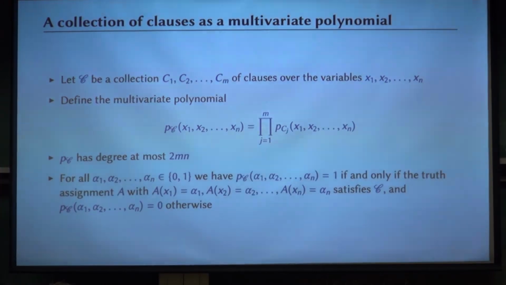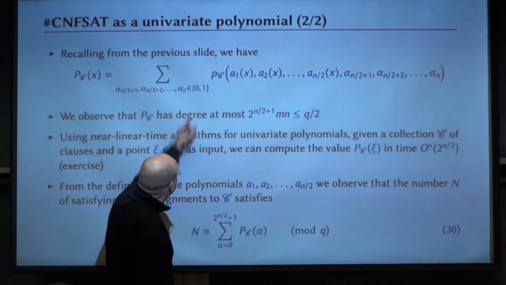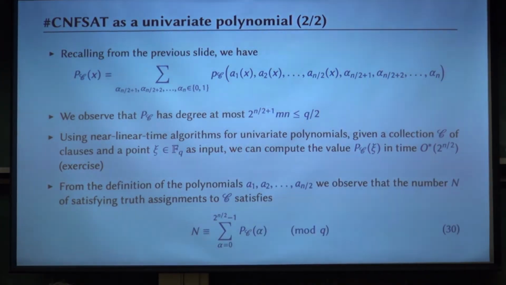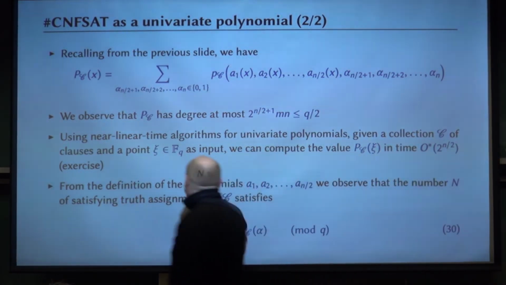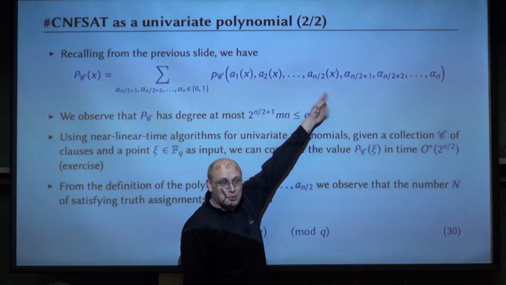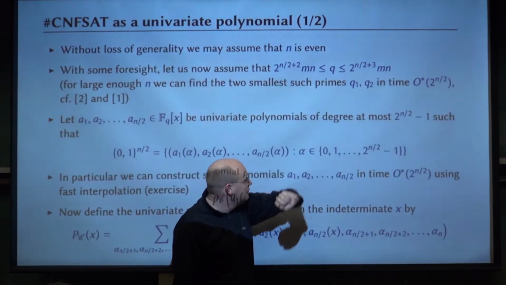Okay, so fair enough. So let's now think about how degree behaves under substitution. There is a multiplicative dependence. So 2 times n times m, and now I'm sticking into the first n over 2 variables some relatively high degree polynomials. But how high a degree precisely? Let's check this from the previous slide.